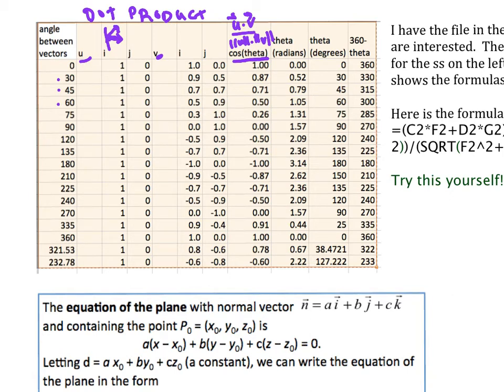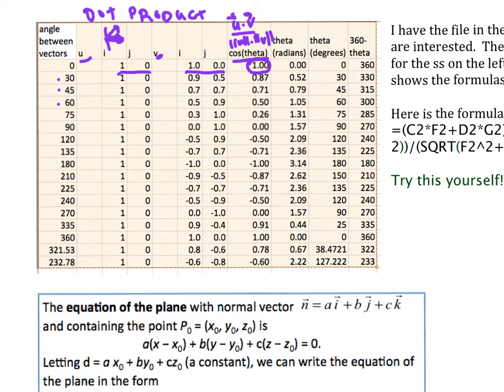Well, what happens when I have just a segment that is exactly the same? I'm going to get 0 degrees in between the two, and what's the cosine of 0? Well, that turns out to be my 1 right here. So I am kind of chasing my tail around, as I say, because I could have just taken the cosine of 0 degrees and I would have got this value.